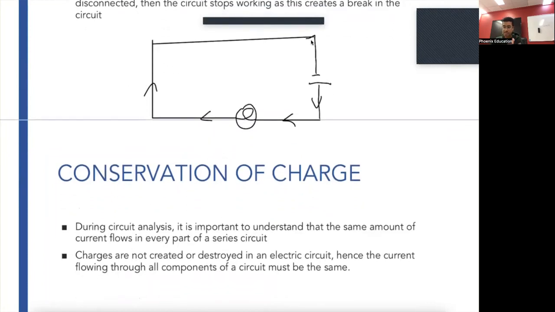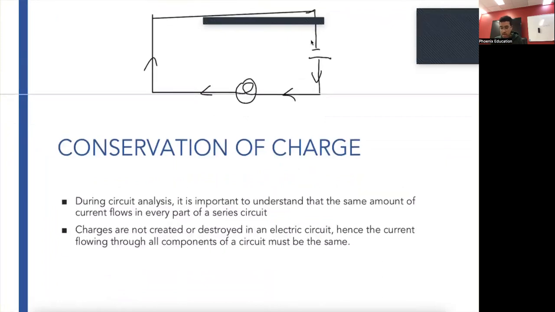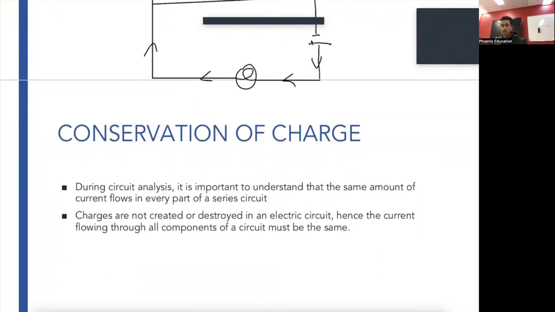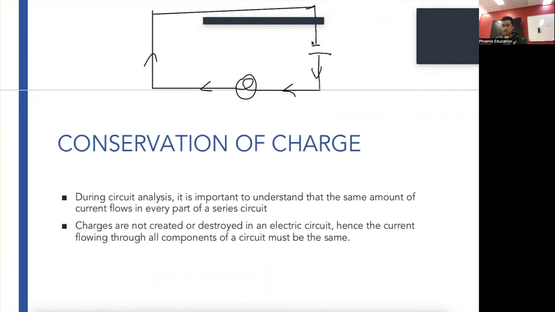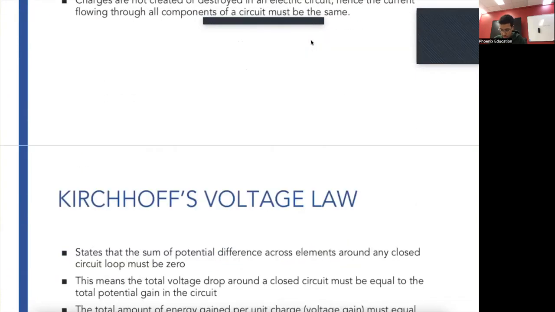The reason for that is since the wire is enclosed, no electrons can actually go out. What's happening is that the electrons are just bumping into one another, bumping into the surface, and just losing energy. So the conservation of charge says in a circuit, no electrons are lost since the circuit itself is enclosed. Only energy is lost from the current. This is an important point, and we'll see an application of this a little bit later.